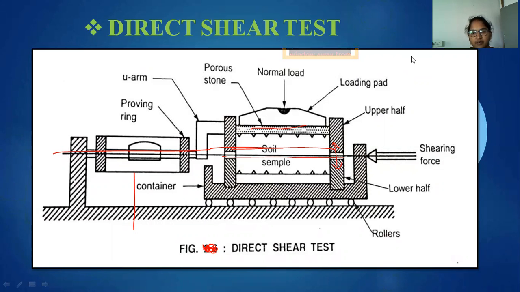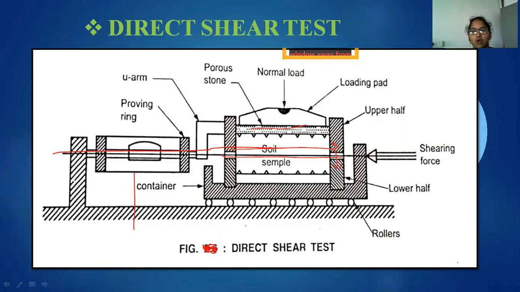We discussed this in the previous class. Once again I will repeat that topic. Normal stress and shear stress on a failure plane are obtained by dividing the normal force and the shear force by the area. The shear resistance of the soil is recorded by the proving ring dial gauge at failure.